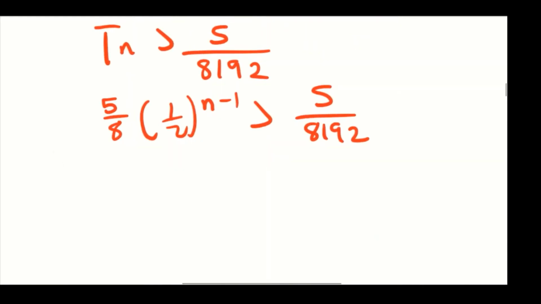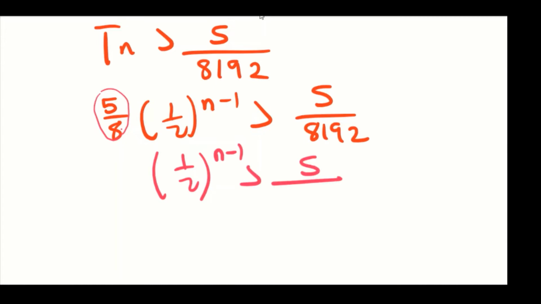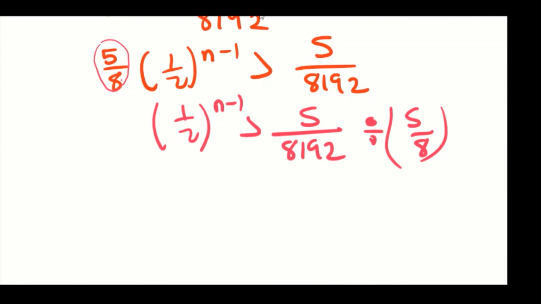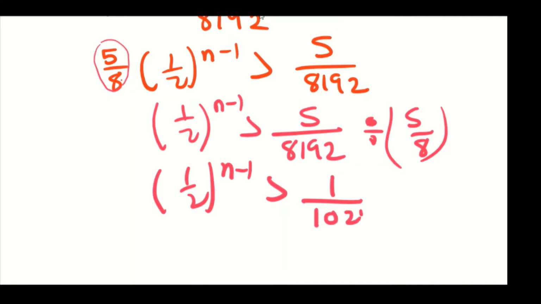We can remove this 5 over 8 by dividing it out. We remain with 1 over 2 to the power of n minus 1 greater than 5 over 8192 divided by 5 over 8, and you will get 1 over 2 to the power of n minus 1 being greater than 1 over 1024.